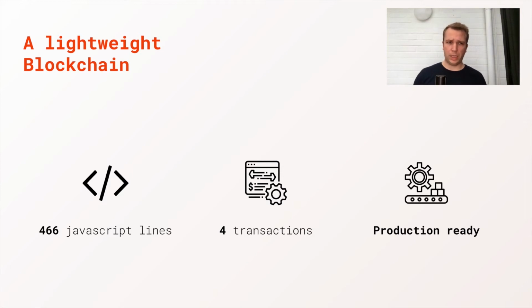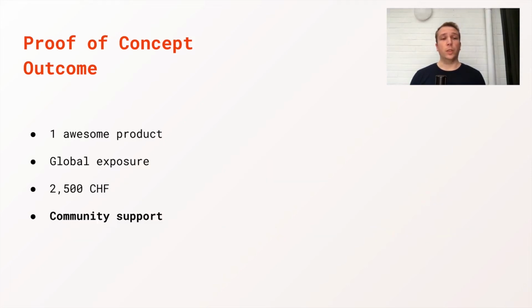Our result was a lightweight blockchain with 466 JavaScript lines, 4 transactions, and it was production ready. Production ready was not pursued as we were in a proof of concept environment back then. The outcome of the Lisk Builders program was one awesome product, global exposure with a blog post that received a lot of traction.